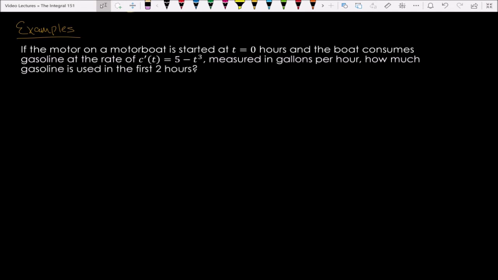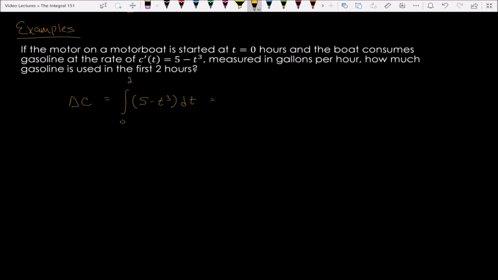Well, we've given c prime. We're looking for the net change of c in the first 2 hours. So we're looking for the integral from 0 to 2 of 5 minus t cubed dt.